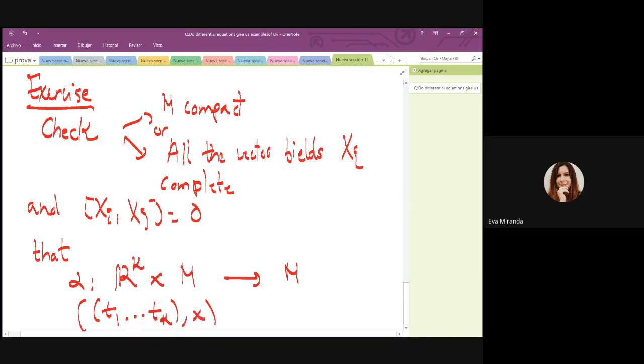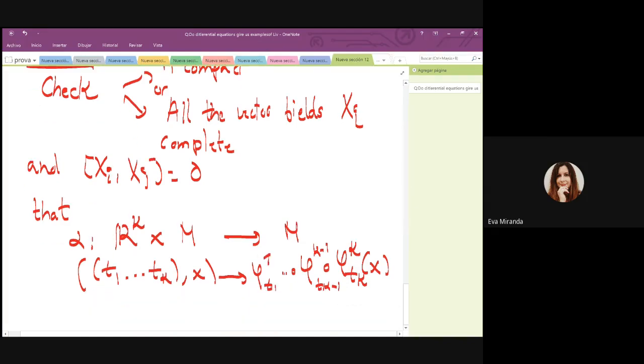And now I send this to the composition phi super k, point X, that I compose with phi T(k-1) super k-1, and I compose here with phi T1 super 1.